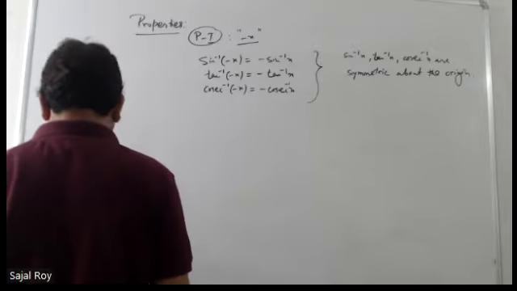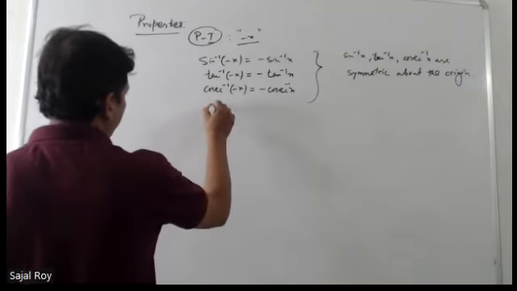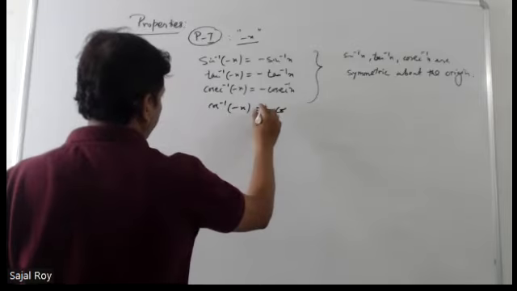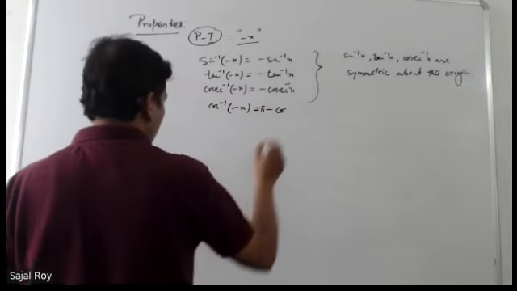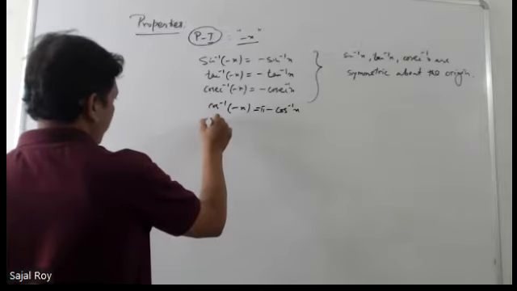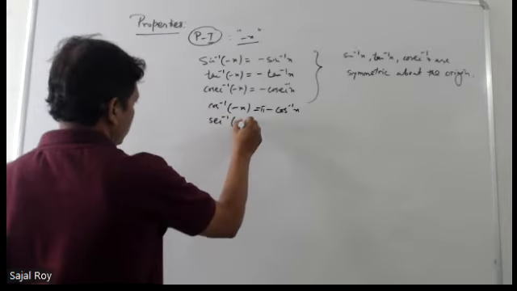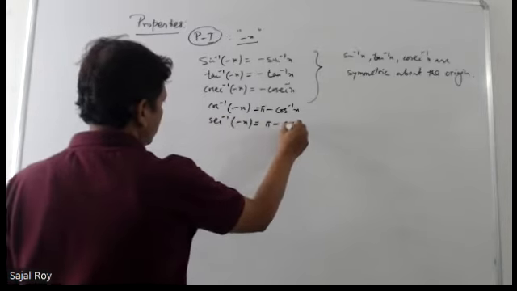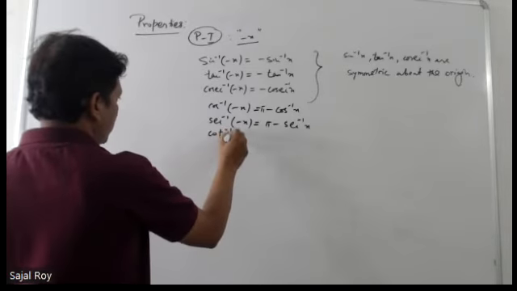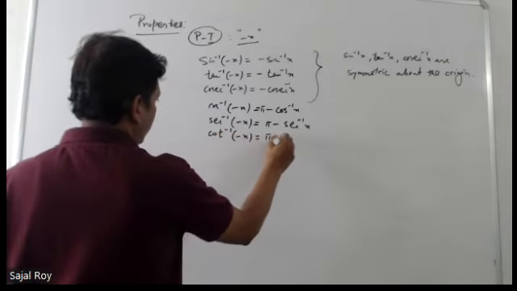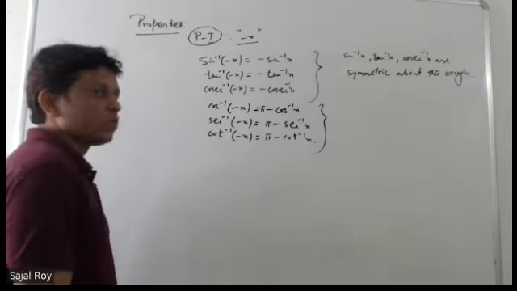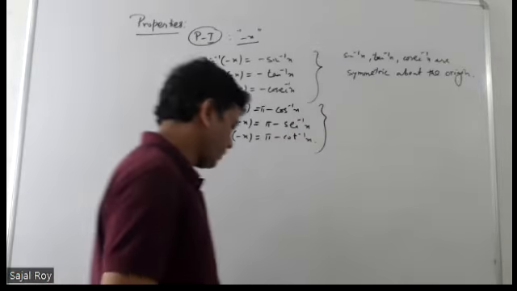Next property is, what about the others? Cos inverse of minus x is pi minus cos inverse x, sec inverse of minus x is pi minus sec inverse x, and cot inverse of minus x is pi minus cot inverse x. What about their symmetry?